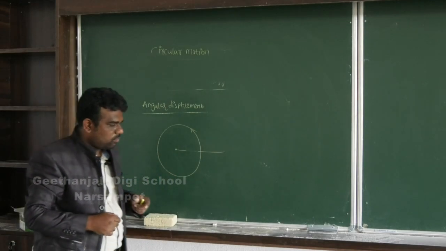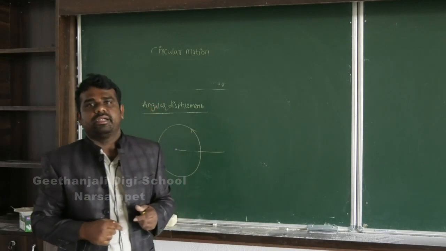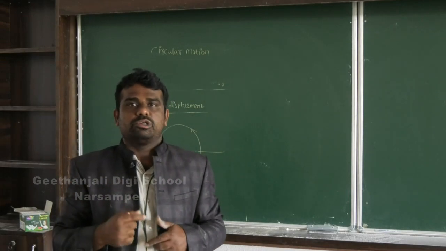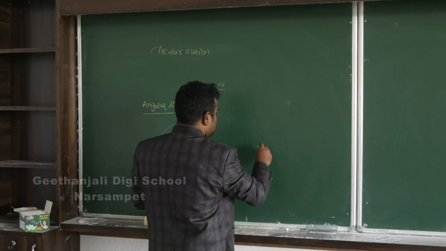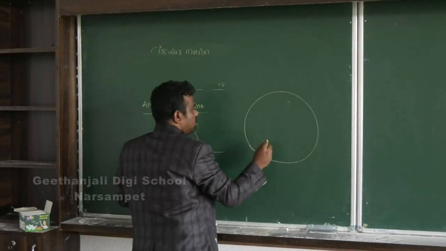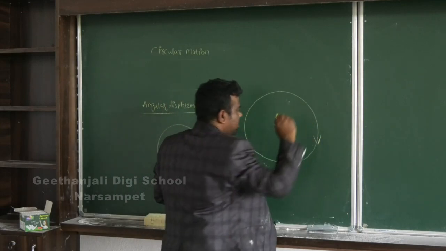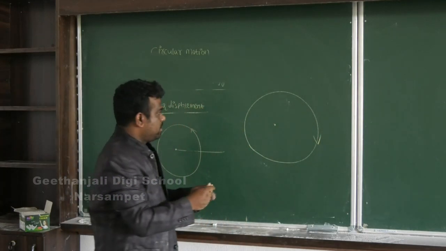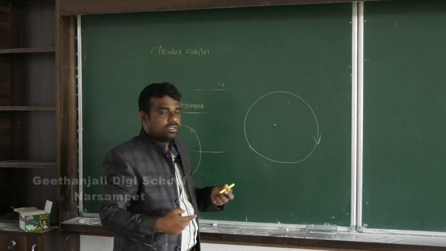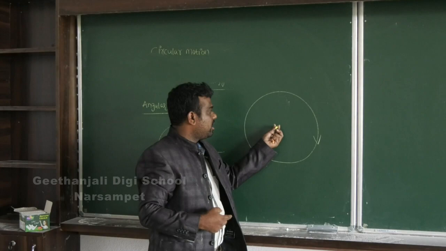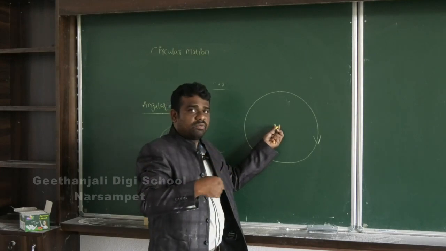Let's see what the direction of angular displacement is when the particle in circular motion moves in a clockwise sense. Suppose now the particle is moving in a clockwise sense like this. So on the plane of the board the particle is moving like this. This is the axis along which the particle is revolving.